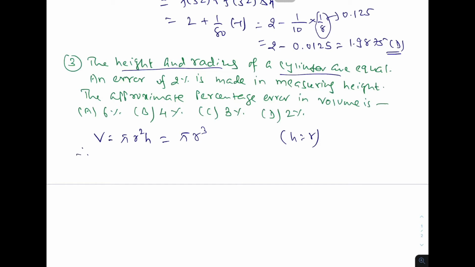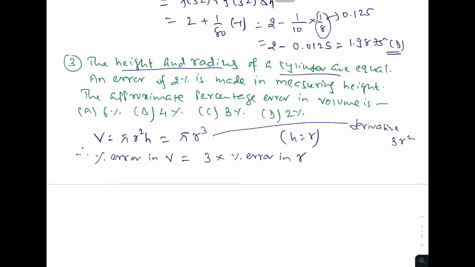Okay, and therefore percentage error in V equal to 3 times percentage error in r, because derivative of r cube is 3r square.